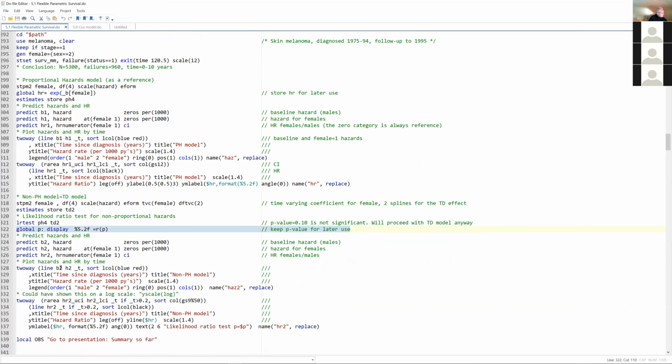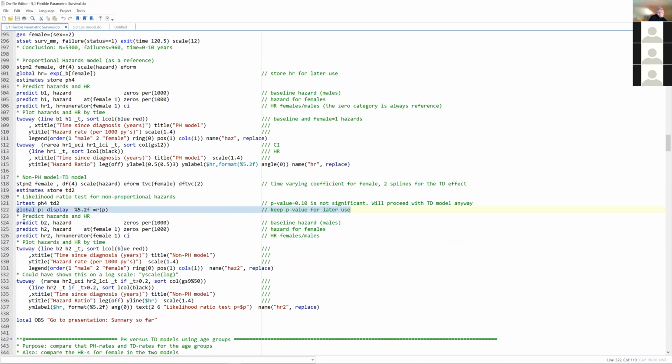And then I predict hazards, and it's exactly the same predictions as in the standard model. Hazards at 0, hazards at female equal to 1, and the hazard ratio comparing female equal to 1 to 0.